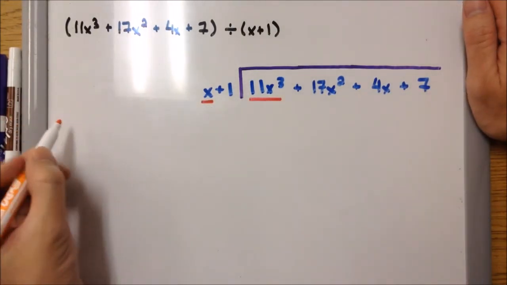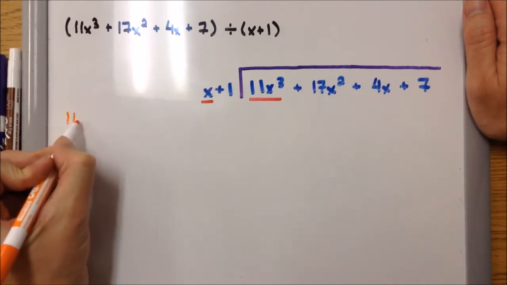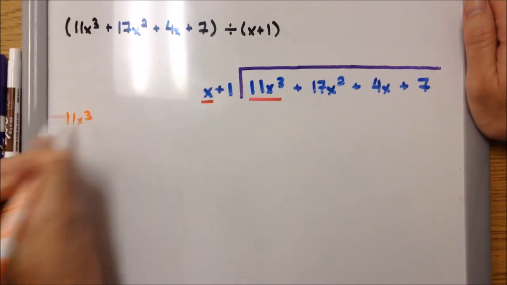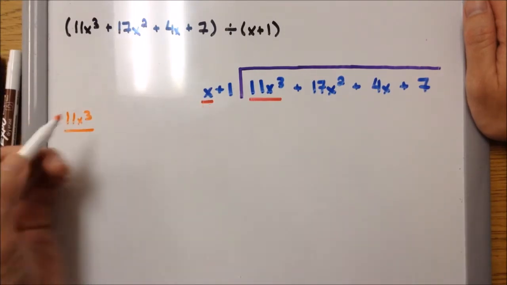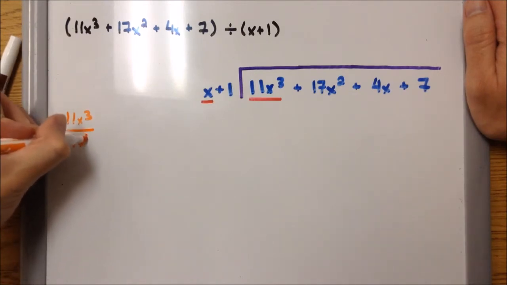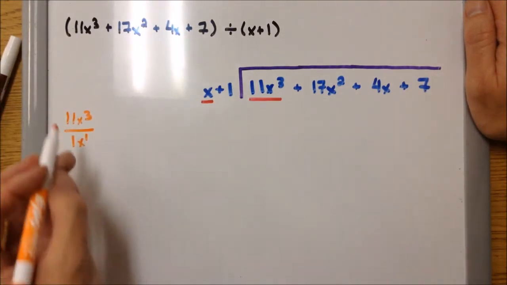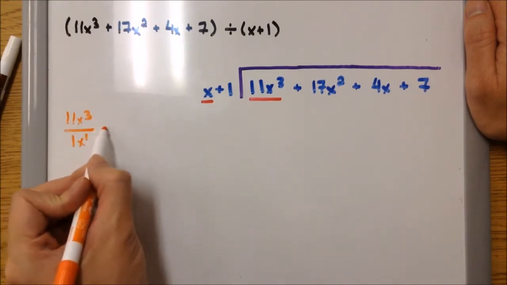So I'm going to write right here 11x to the third divided by, now since it's just x, I can write 1x to the 1 power. So 11x to the third divided by 1x to the 1 power.